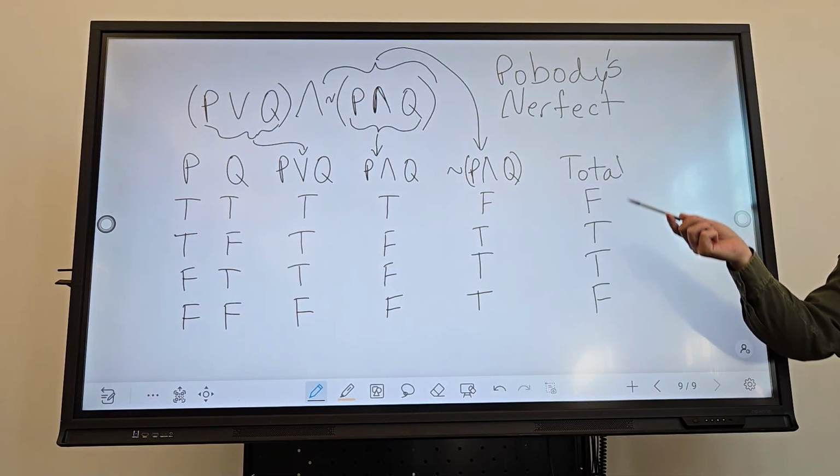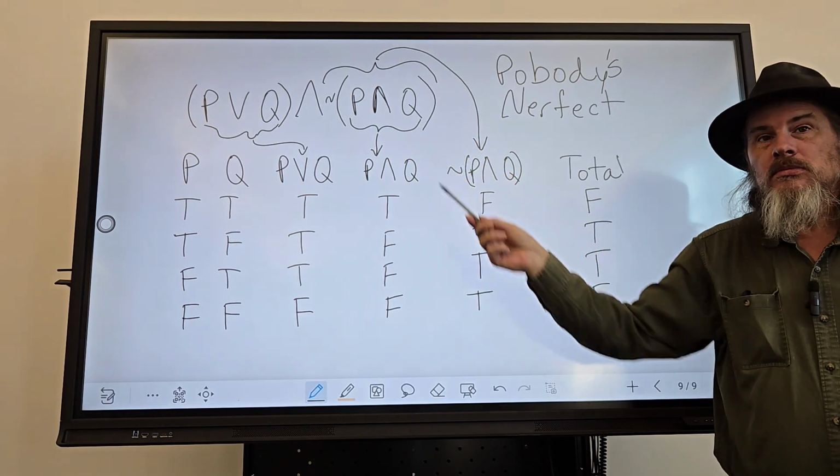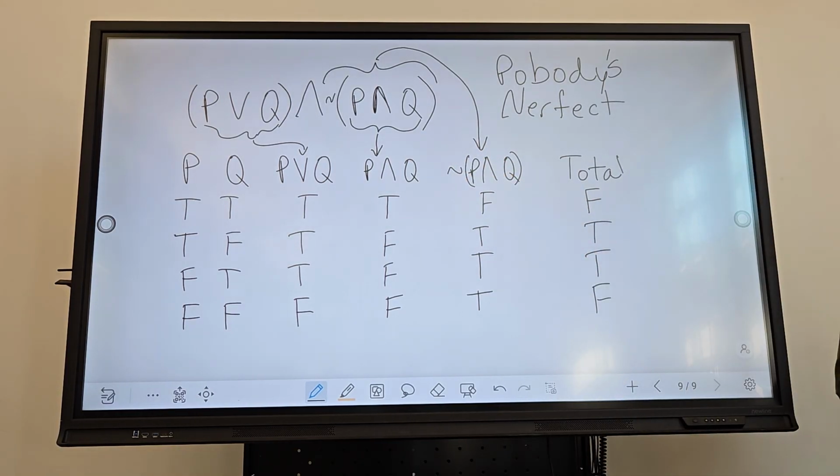Anybody recognize what this function is? I know some of you took digital logic. Some of you might have taken it even with me last semester. So you should know what that function is.